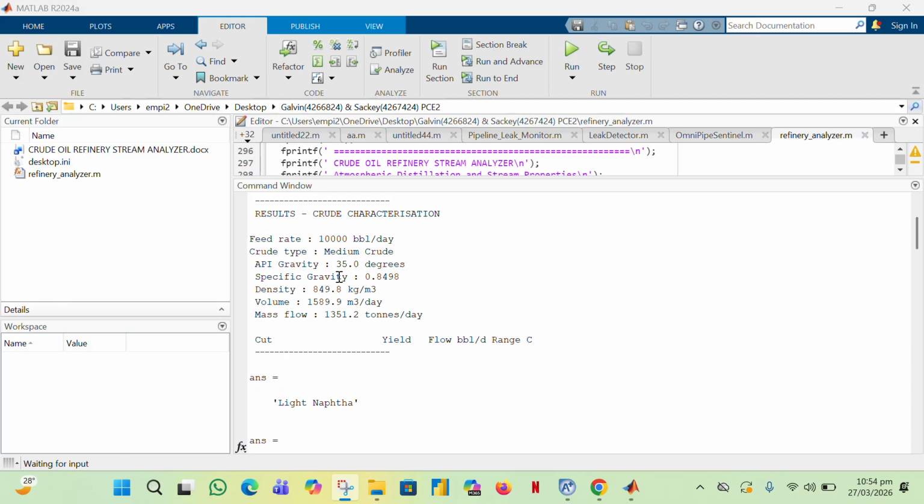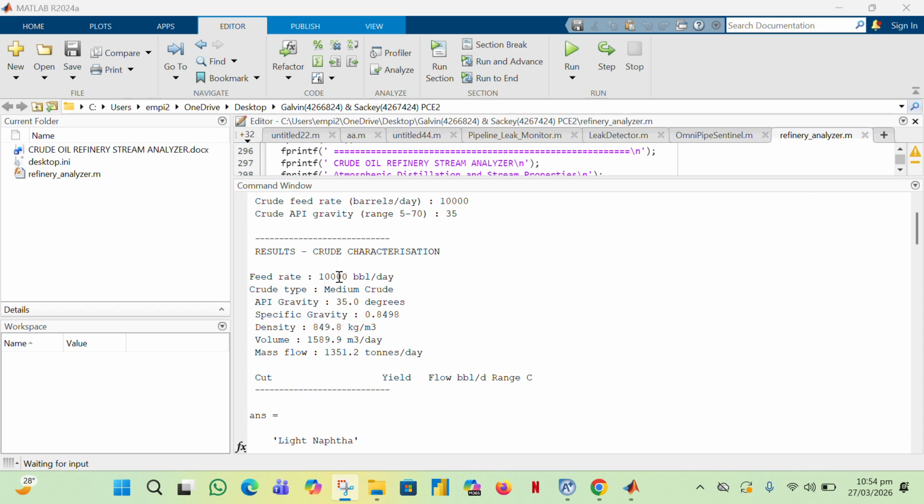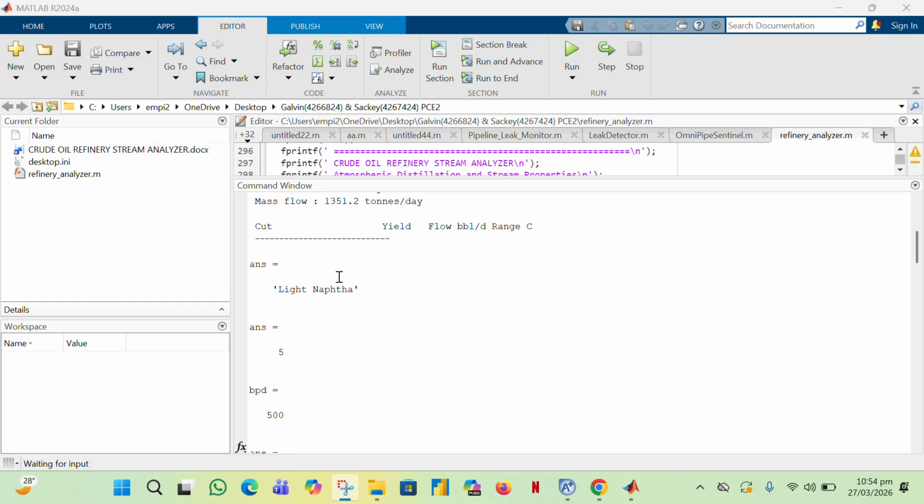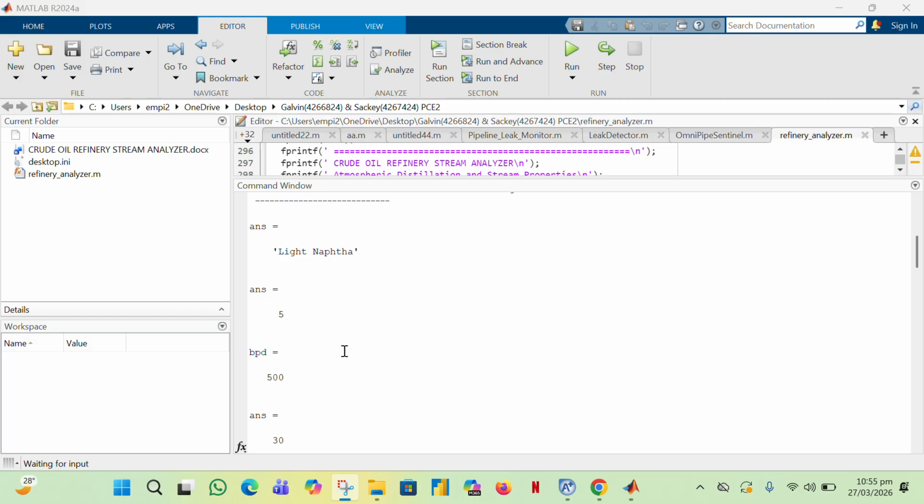All this information is given to you from the 2 inputs you give first. Then we come here to cut yield flow, which is in barrels per day. So for light naphtha, which is one fraction which you get, they are saying you get 5% of light naphtha. And for heavy naphtha, which is also another fraction, you get 12% of heavy naphtha.